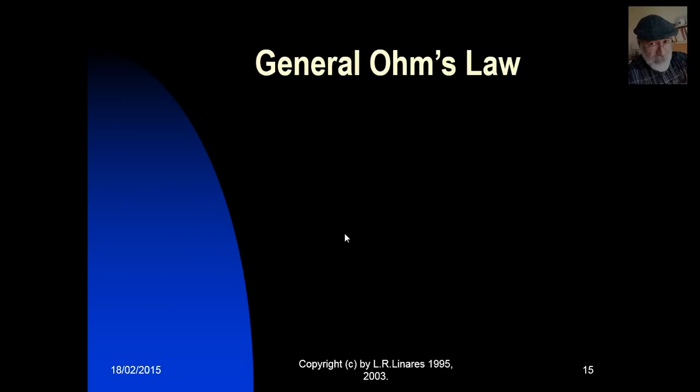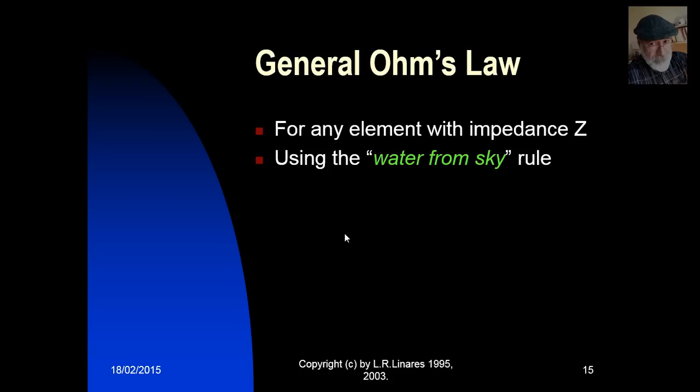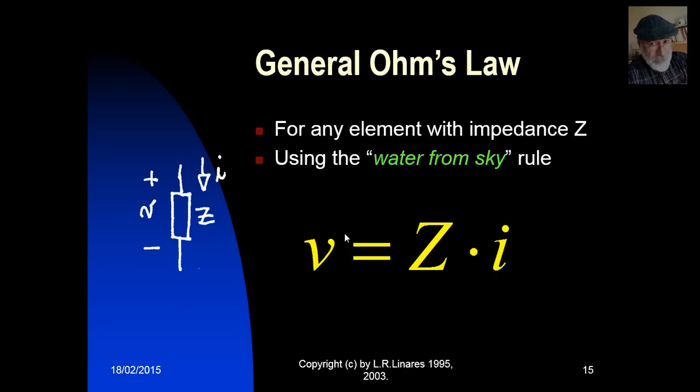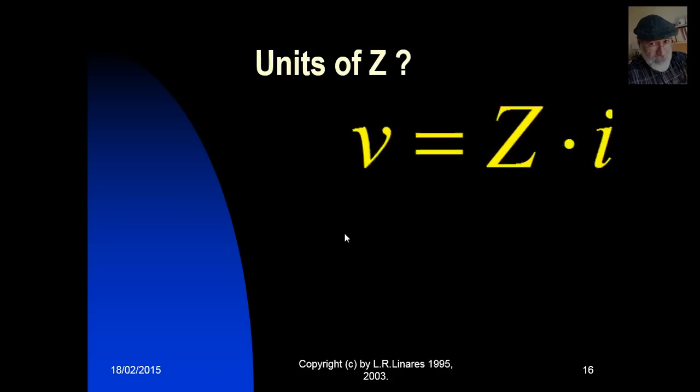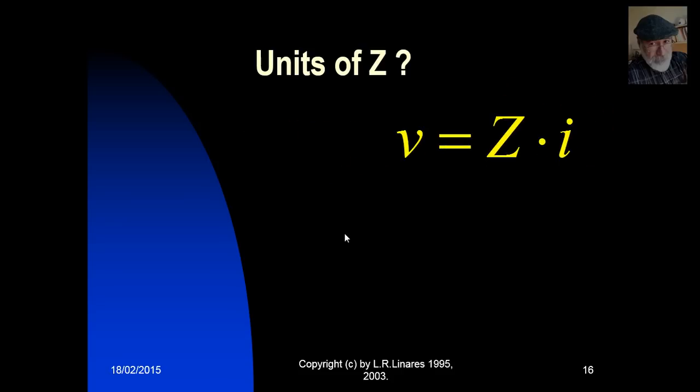We have reacquired the general Ohm's law. For any element with an impedance Z, we can write, agreeing that the current is flowing from high to lower voltage through it, V is Z times I. That is Ohm's law. What are the units of that impedance? Well, observe the units for V are volts, the units for I are amps, so the units for Z have to be volts over amps, which is ohms.